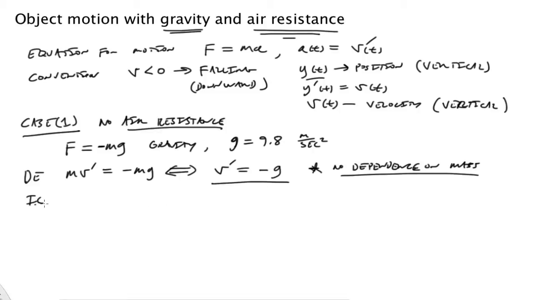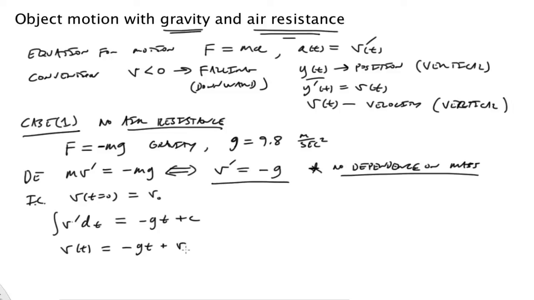All right, so this is a fairly simple equation to solve. We have to have some initial condition, which we'll say is v of 0 equals v naught, in which case we can integrate this. This is a directly integrable differential equation. So the integral of v prime dt is equal to negative g t plus c, in which case v of t is equal to negative gt plus v naught.